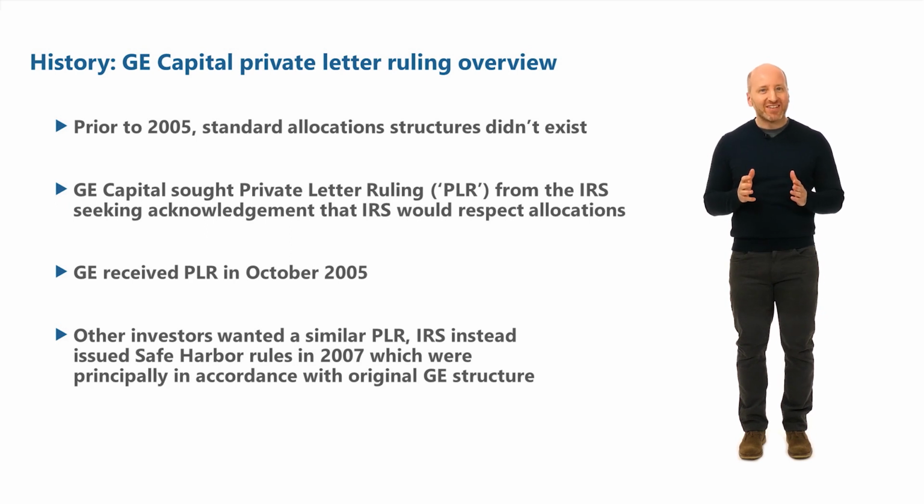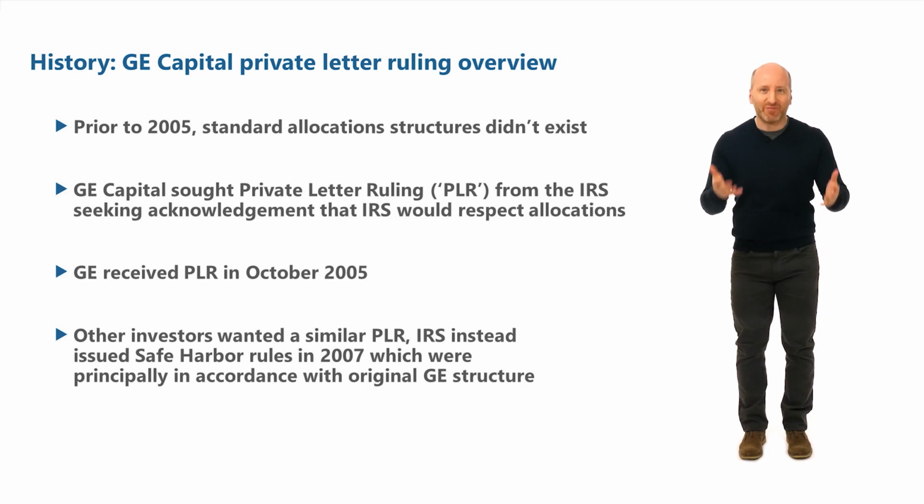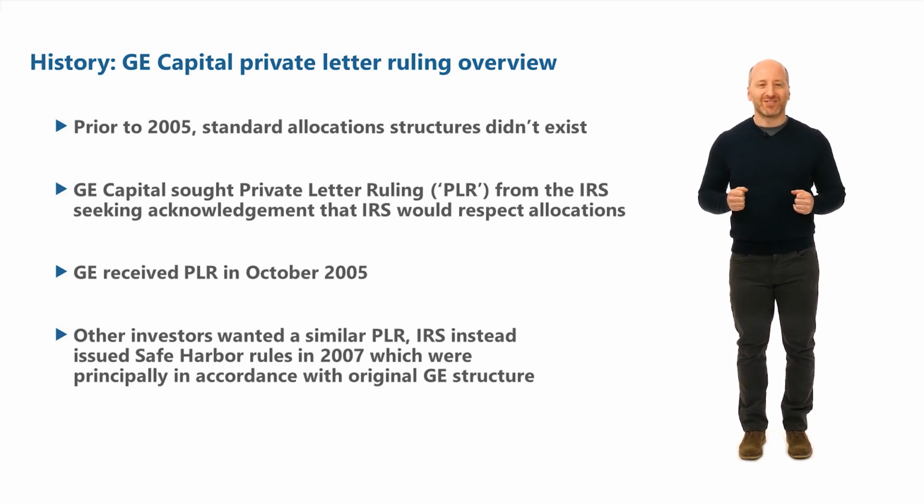So in a lot of ways, the origin of the market standard for tax equity partnership flip structures is an accident of history that was largely determined by what GE Corporate Tax, what Dave Burton and his colleagues working there thought was a reasonable thing to request from the IRS at the time.